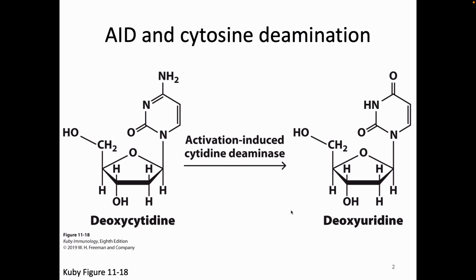So this enzyme takes DNA, it specifically acts on C's in DNA and changes them to U's, which are not supposed to be in DNA. So this is sort of a problem.